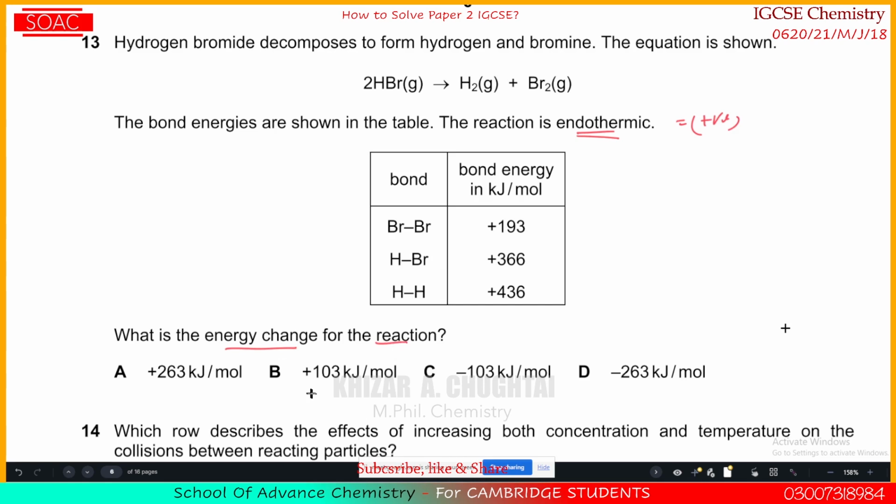It may be plus 103 or plus 263 and so on. So 2HBr, 2 into 366, minus H2, that is 436, plus Br2, that is 193.